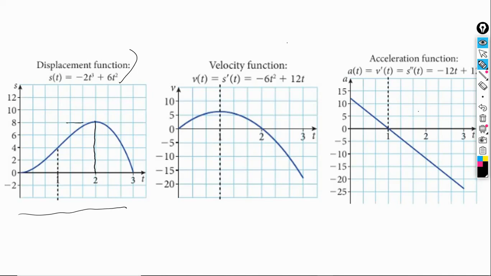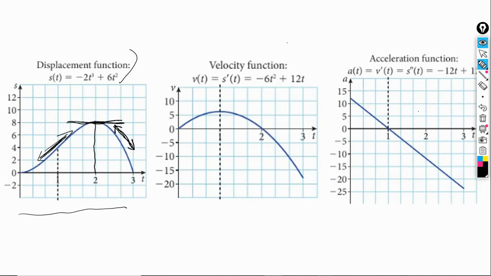Remember that here, the velocity was 0 because the velocity being the slope of displacement is 0 at this maximum point. And then we tested some values before too to see if the velocity was positive, as indicated by, for example, this tangent here, which has a slope that is positive. Likewise, after 2 seconds, we have a negative slope, or decreasing.